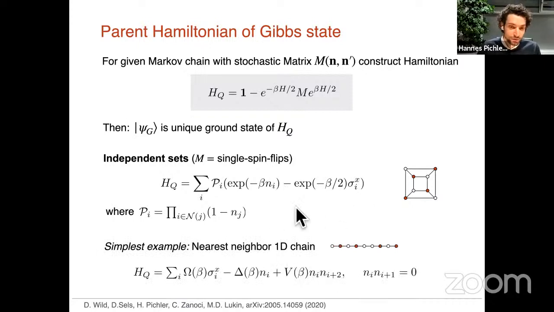But the nice thing is, if you stare at this long enough, you can see that, for example, if you look at the simplest example, which is a 1D chain, then this Hamiltonian actually boils down to exactly the Hamiltonian of the Rydberg atom array. So it contains a coherent drive, a detuning, nearest neighbor blockade, and next to nearest neighbor interaction. And these parameters here are now dependent on the temperature, which is a parameter of the probability distribution from which I want to sample. And the ground state of this Hamiltonian for different values of these parameters correspond to different Gibbs states at different values of beta.